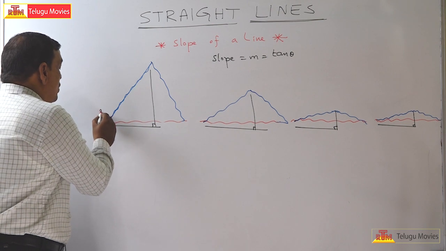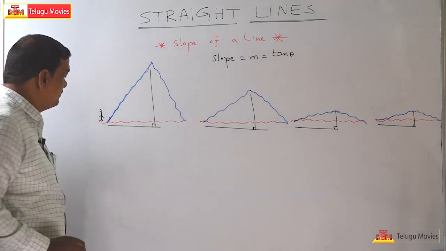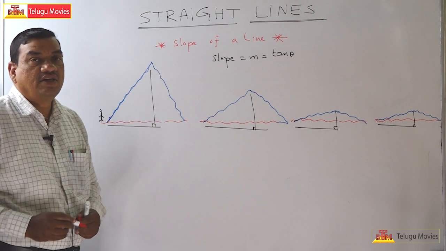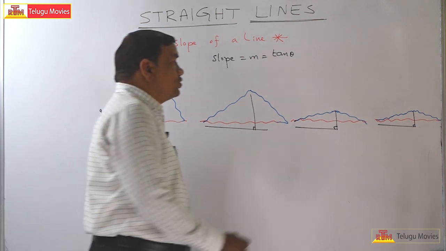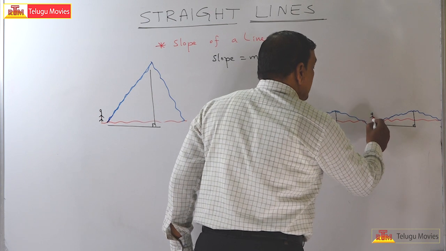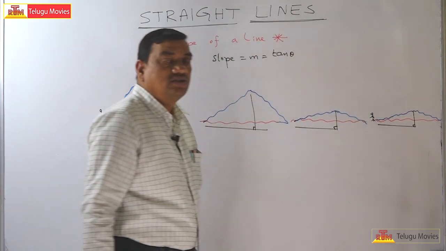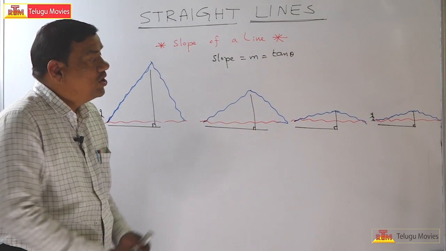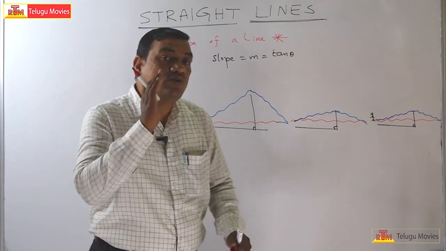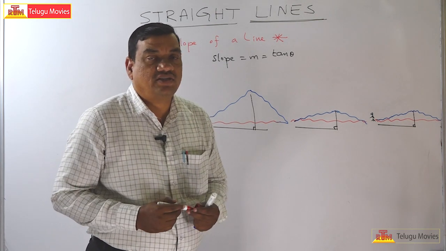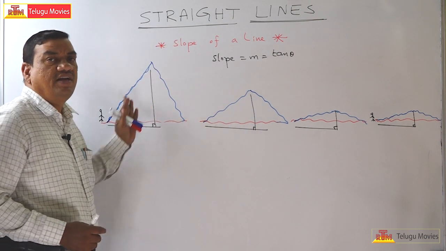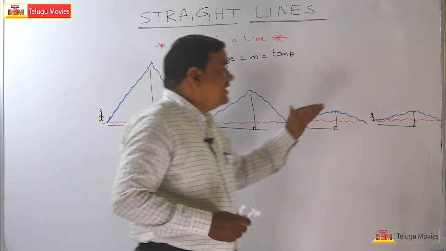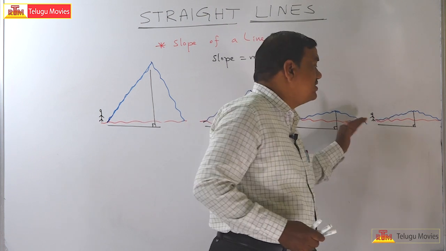For example, you are here. Can you climb this? Yes, we can climb, but with a little bit of difficulty. If you are here, can you climb this? Yes, you can climb it very easily. You can say one word: this has very high steepness, but this has very low steepness.